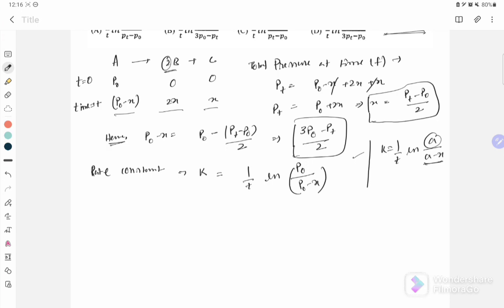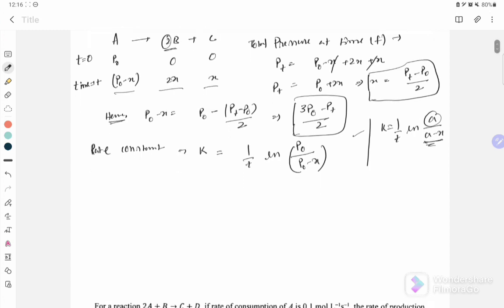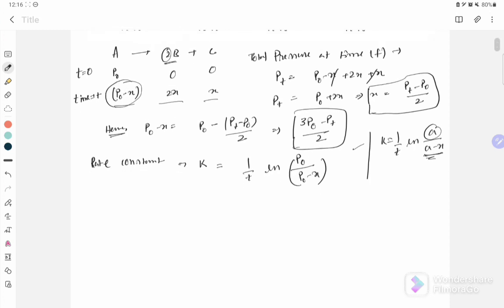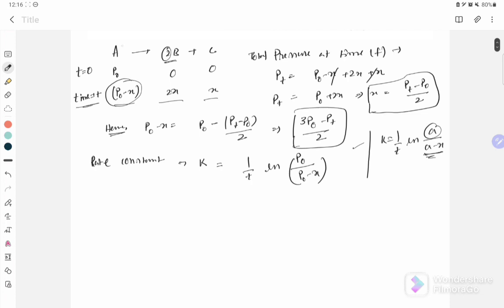In this case the pressure of A at time t is P0 minus x, which I calculated.